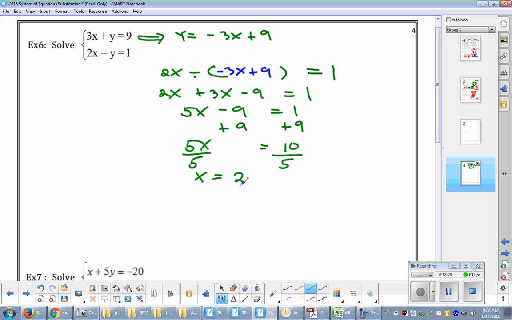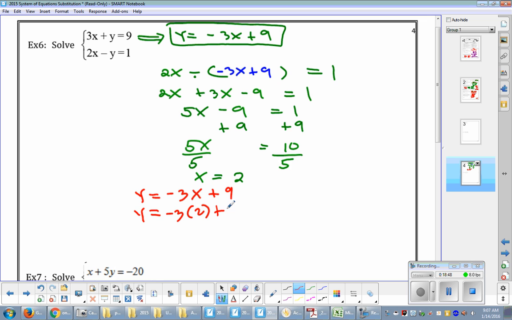Once you have your x equals 2, you can now use any of the equations. You can use the first equation, you can use the second equation, or you can use the equation that we derived from the first equation. So in this case, I'll just use y equals negative 3x plus 9. So I will have y equals negative 3x plus 9, but our x is equal to 2.